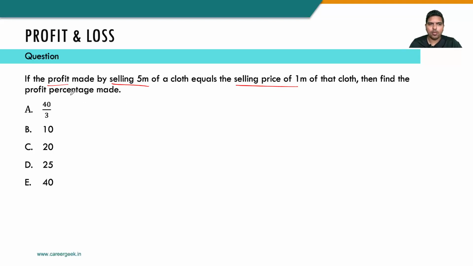So what we'll assume, because profit is given in terms of selling price, let the selling price of 1 meter of cloth be SP, or X, you can take anything.